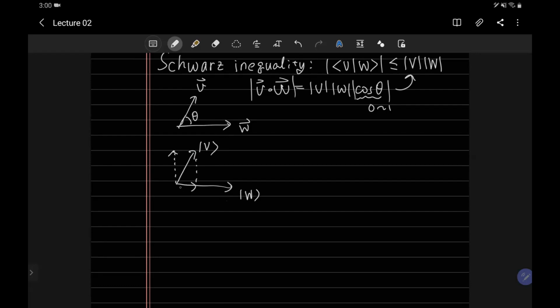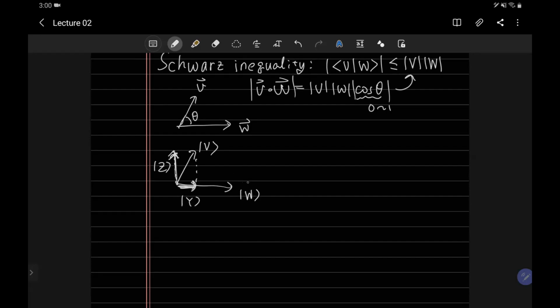Let me call this component the Y vector, and this component the Z vector. Then how can you find out the Y component? The Y component is the projection of the V vector on this W vector. Then how can you find out the projection?